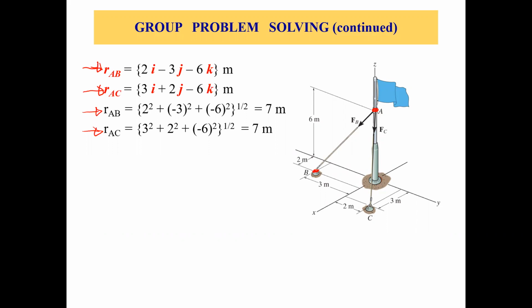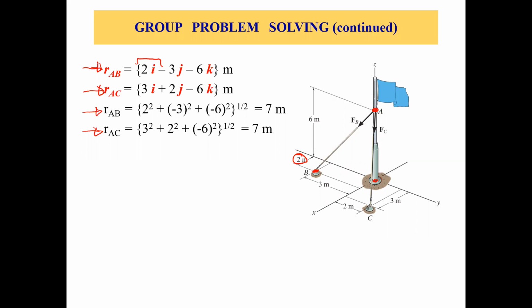What is the X coordinate of point B? It's 2 meters. What is the X coordinate of point A? It's at the origin, so it's 0. So 2 minus 0, we get 2i. Then let's talk about the Y coordinate.